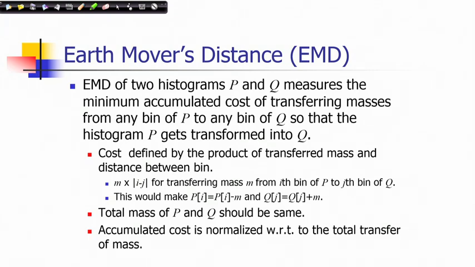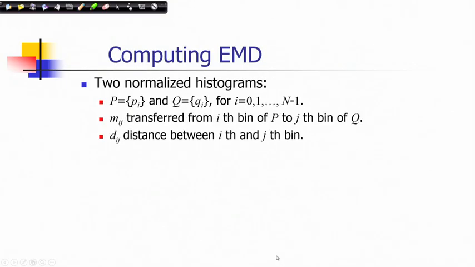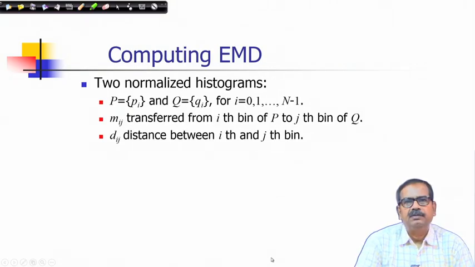So, that minimum cost gives you the distance, and that is what is called earth mover's distance, because transferring mass is like digging the earth from one place and placing that amount in another bin. From that analogy the name has come.